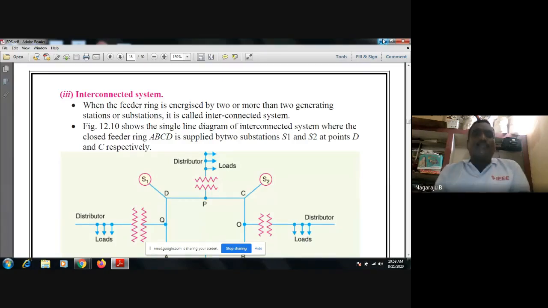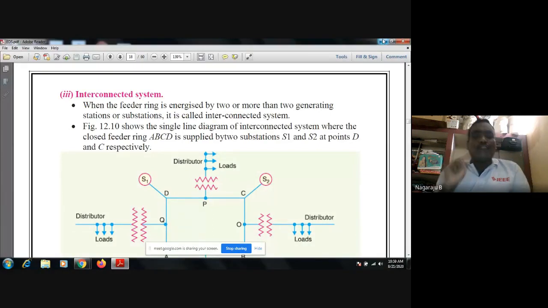Like that, our Warangal city also has this type of connection. For household purposes, we are using radial type of distribution. All the transformers are connected as a loop type, and all the substations are like an interconnected type.